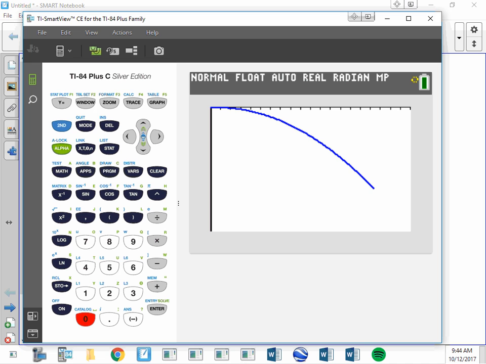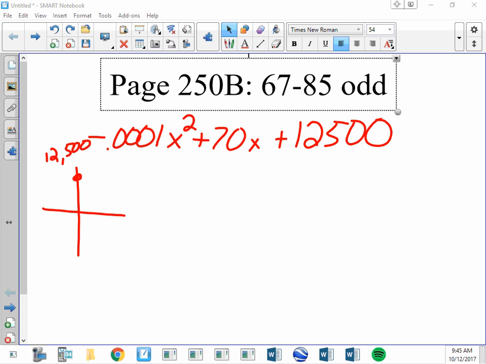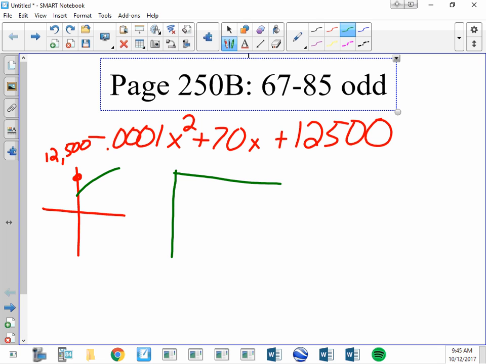What does that tell me? We're too big now. So our graphs were looking something like this, right? And then I went so far out that all I see is that. So out here, I'm at 10 million. I need to come back in.